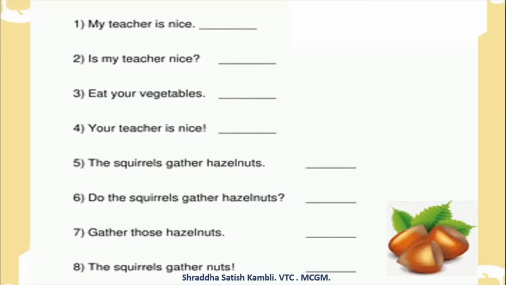First one, my teacher is nice. So you are giving some information, you're telling something to your reader. So what is it? It is a statement. Okay? Is my teacher nice? What can you see towards the end of the sentence?